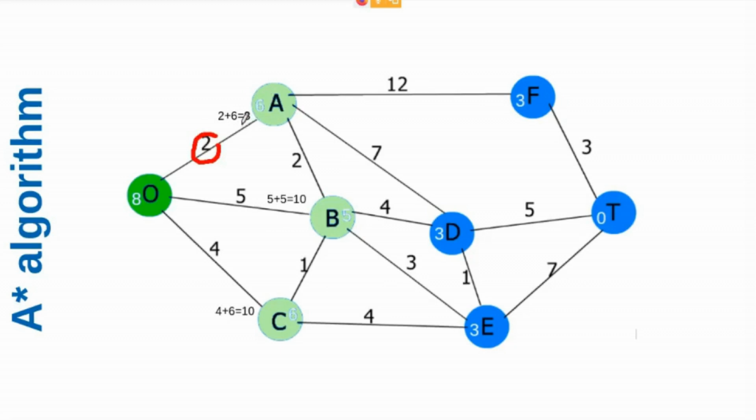So this will result in 8. Then here we have a 5 plus 5, so that's why here we have a 10. And 4 plus 6, that will result in 10 in here. We compare 8, 10, and 10, and for sure, we choose this A.